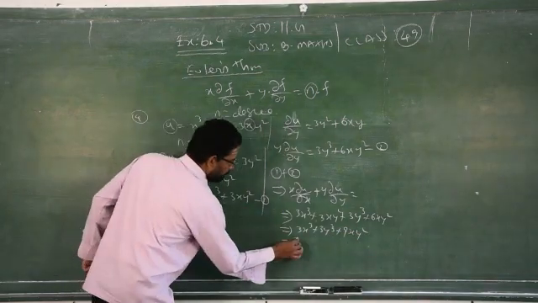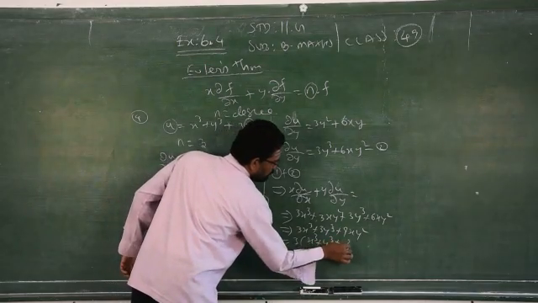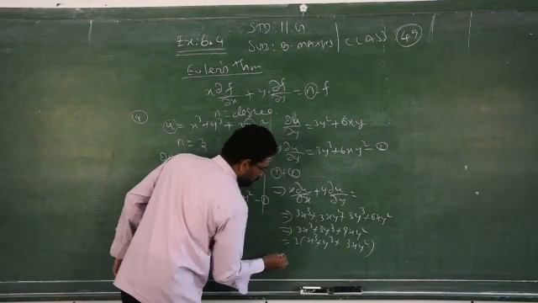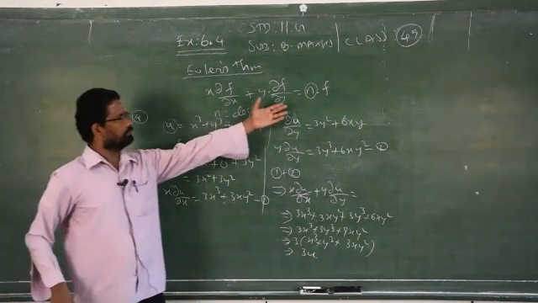Take 3 outside. You will get x³ plus y³ plus 3xy². So this is nothing but 3u. Hence the proof. We verified.